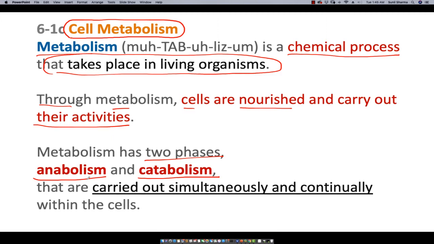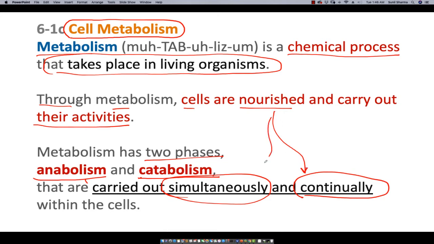The interesting thing about both of these phases is that they are carried out simultaneously and continually. Why are they happening simultaneously and continuously? Because this is a nourishing process, and the cell continuously needs energy to be active.